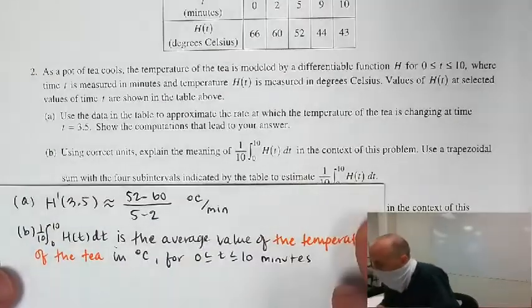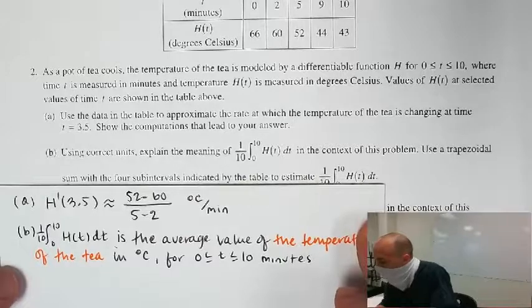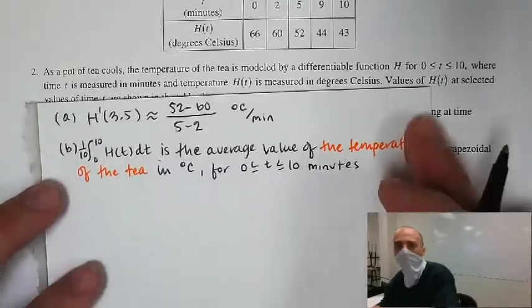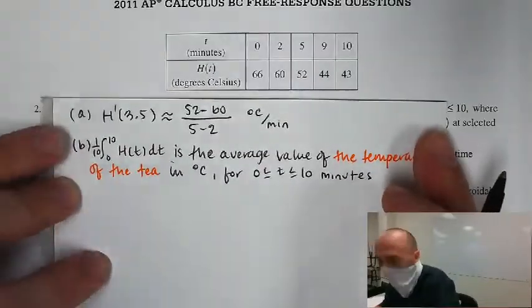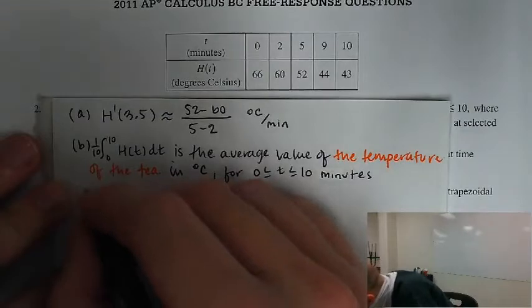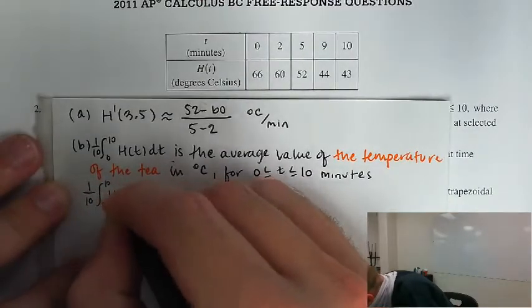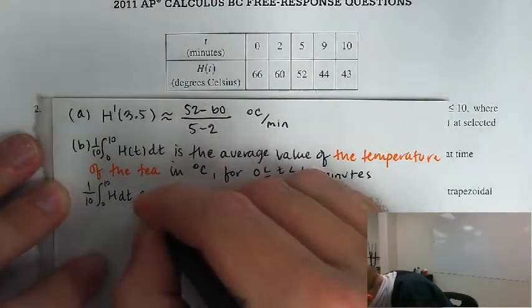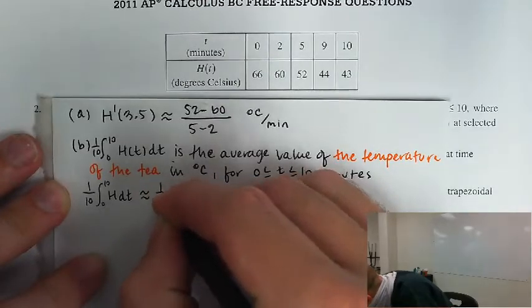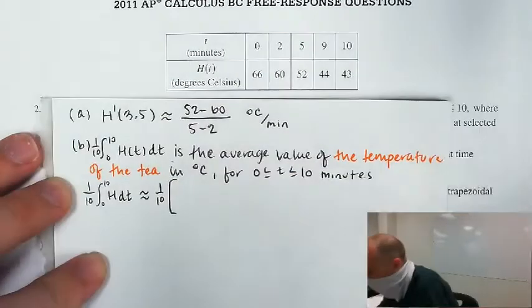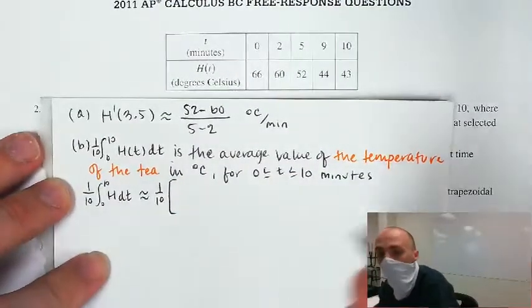All right. Use a trapezoidal sum with the 4 subintervals indicated by the data in the table to estimate this. Okay, we can do that. We're going to say 1/10 of the integral from 0 to 10 of h dt is going to be approximately equal to 1/10 of, average the bases, multiply by the height.